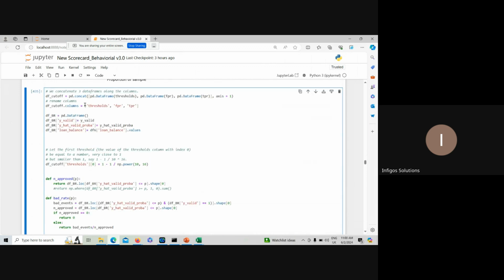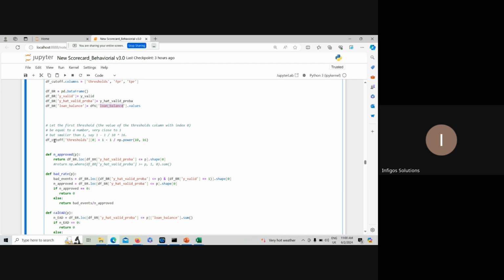Created a data frame. After creating the data frame, we have taken the valid data set as Y valid, and then this probability, and this loan balance. Loan balance we are saving from the beginning, and this balance will be used to calculate the EAD.